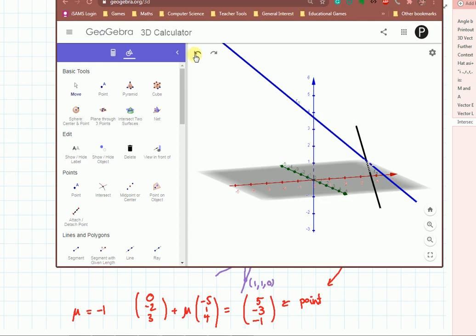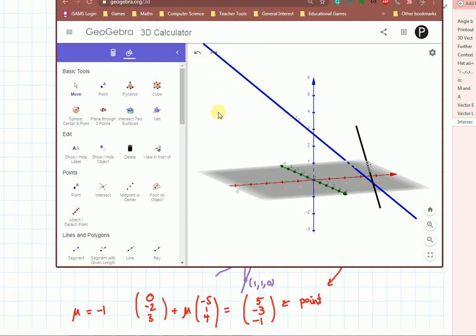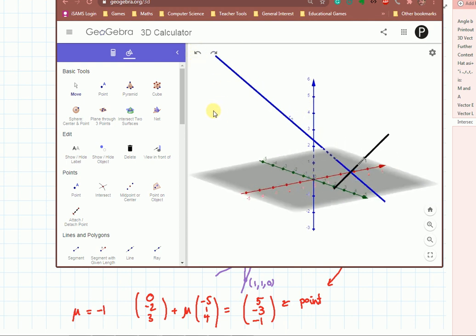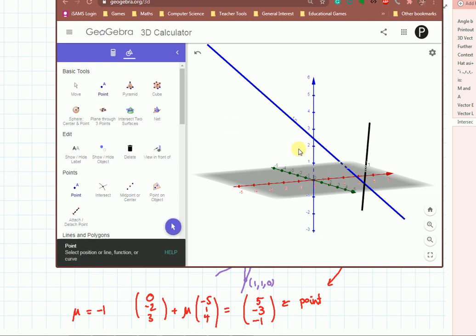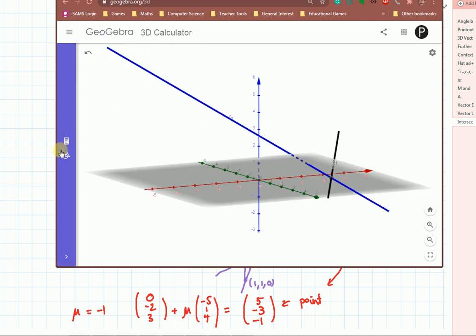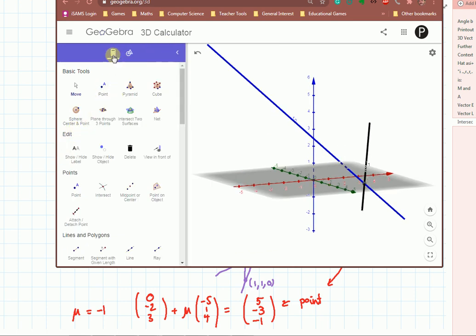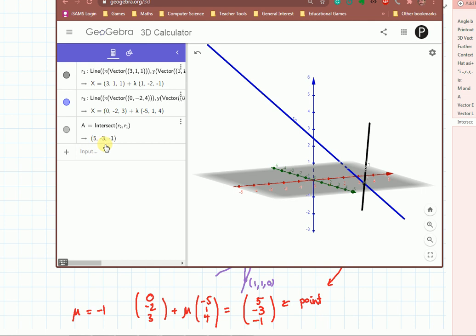There we go. There's the equation where they meet. Let's put the point where they meet, and check the coordinates of that point: 5, -3, -1. There's the point that they intersected.